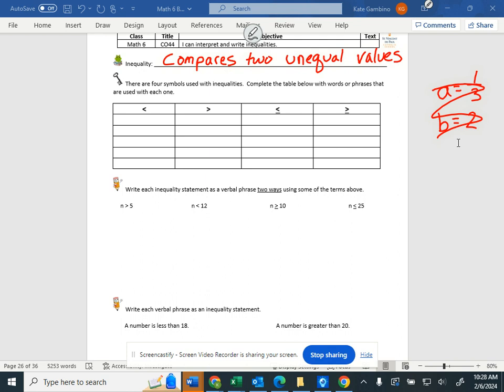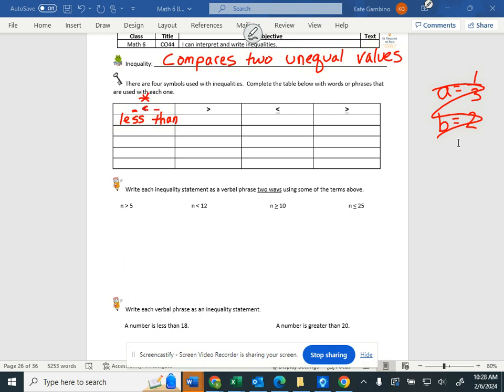So let's look at our first column. What does that symbol mean, Zelda? Greater than, less than? Less than. Because remember, this is less than this because it gobbles up the bigger side.